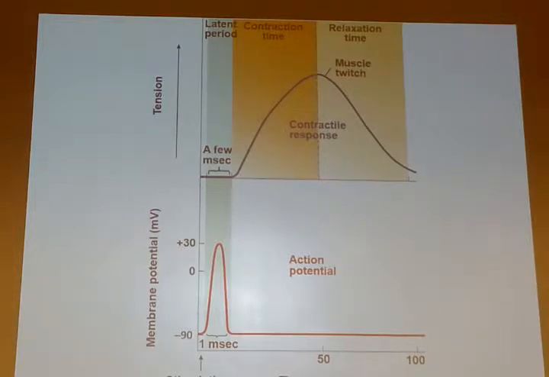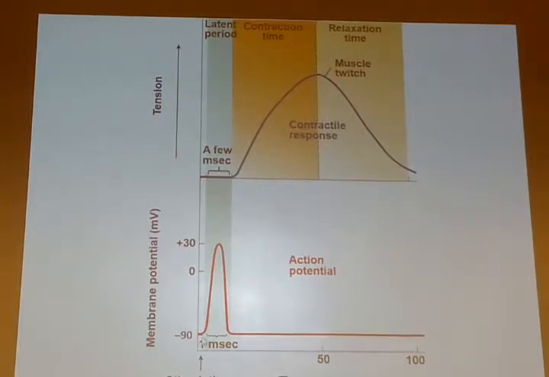You have an overshoot. If you look at a neuron action potential, it has that overshoot. Muscle goes right back to resting level, no hyperpolarization. So remember that, because I might show you a nerve, I might show you a muscle, and I might ask you to differentiate between the two.